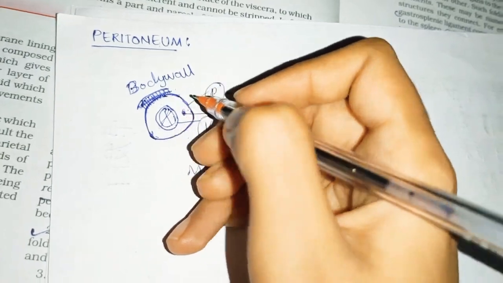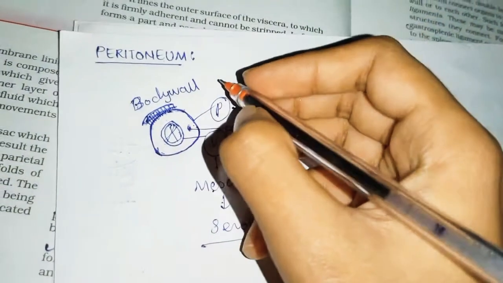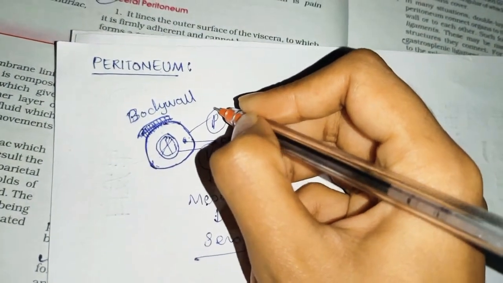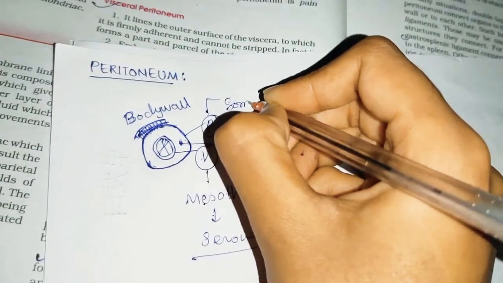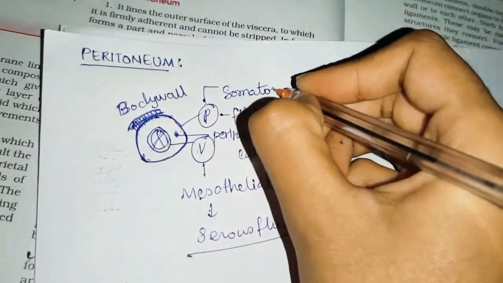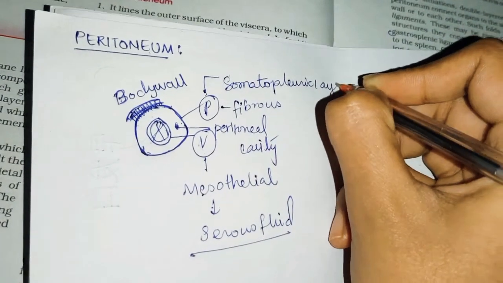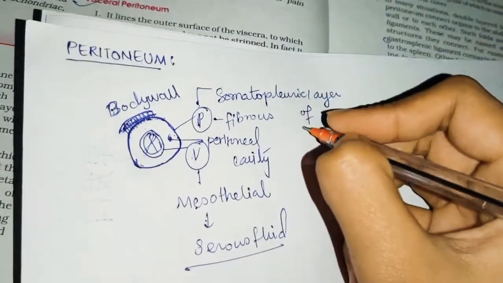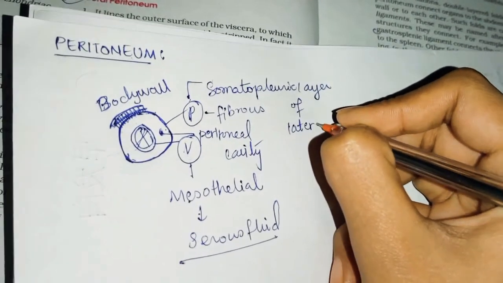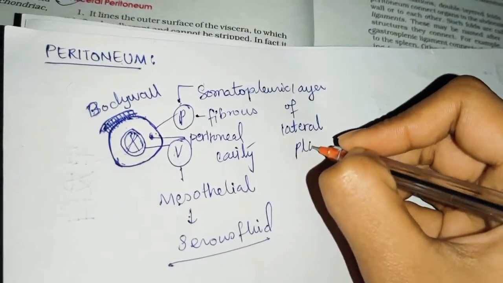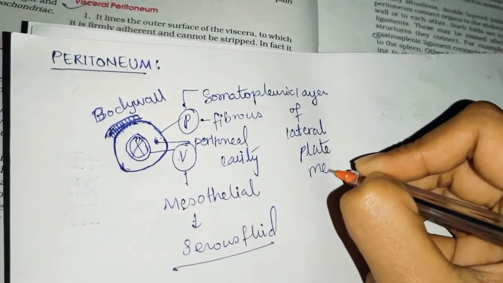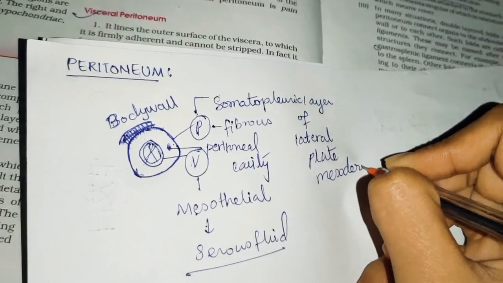Next, embryologically, the parietal peritoneum is made up of the somatopleuric layer of lateral plate mesoderm. So this is its embryological development.